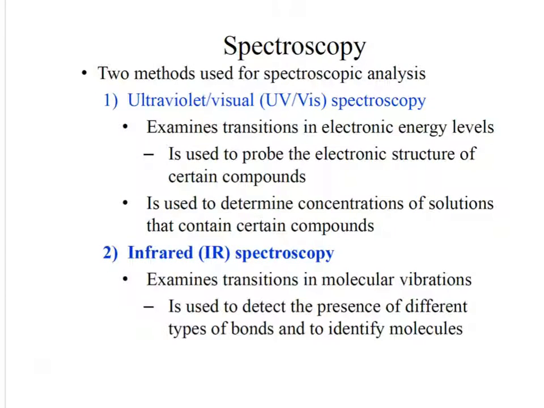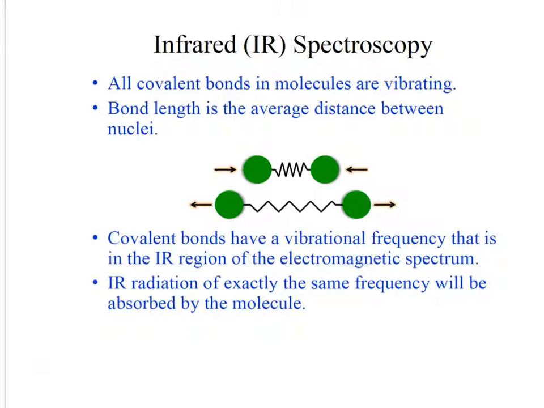Okay, so now let's talk about infrared spectroscopy. So all covalent bonds in molecules are vibrating. Bond length is the average distance between the two nuclei, if you'll remember. Covalent bonds have a vibrational frequency that is in the IR region of the electromagnetic spectrum. So IR radiation of exactly the same frequency will be absorbed by the molecule.